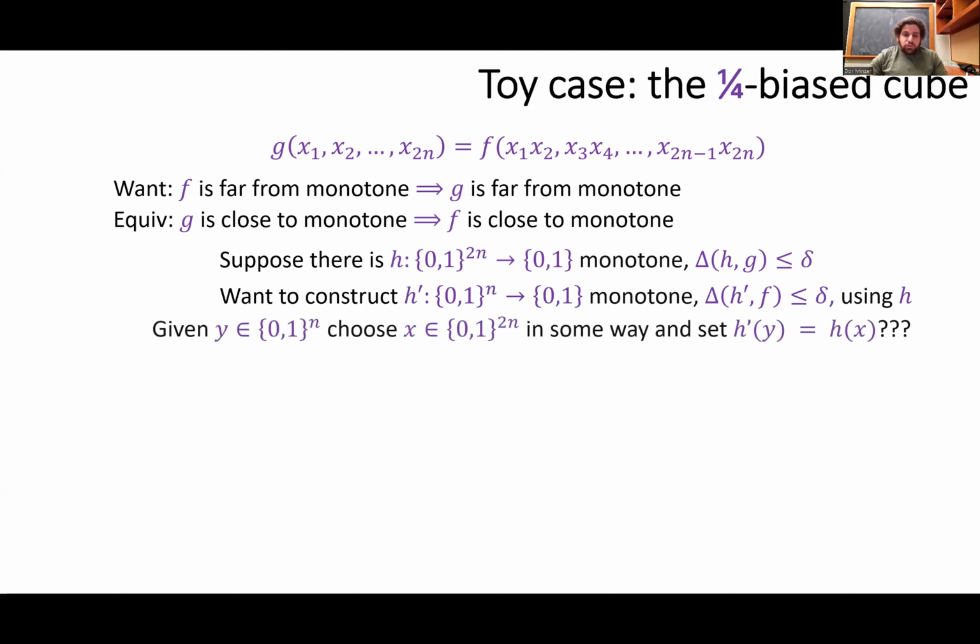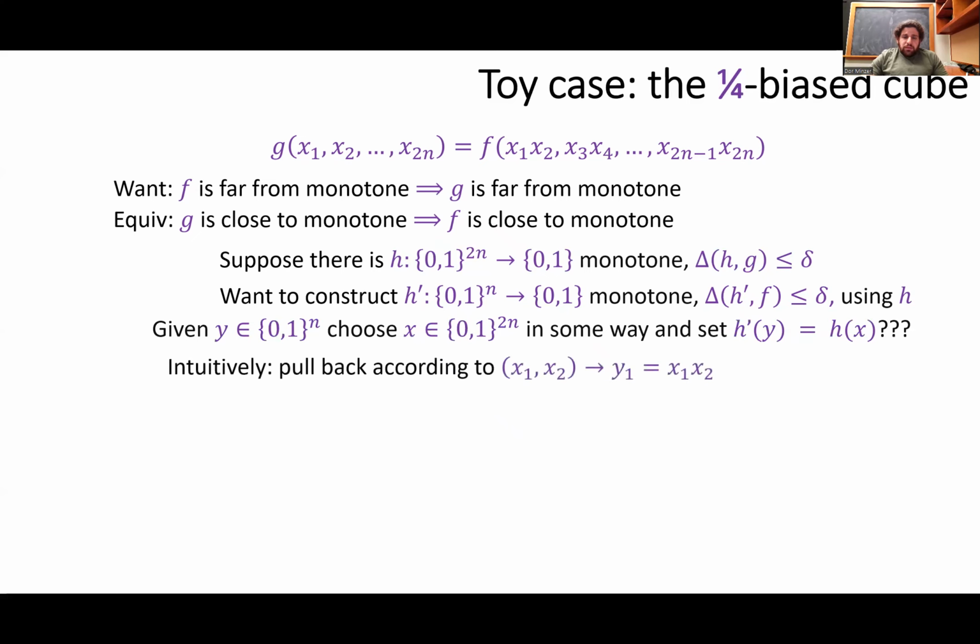So how are we going to use it? Well, we want to define h prime of y, where y is some input from {0,1}^n, and we only have h in our hand. So the only real thing that we can do is generate from y some input x of dimension 2n to h, and then define h prime of y to be h of x.